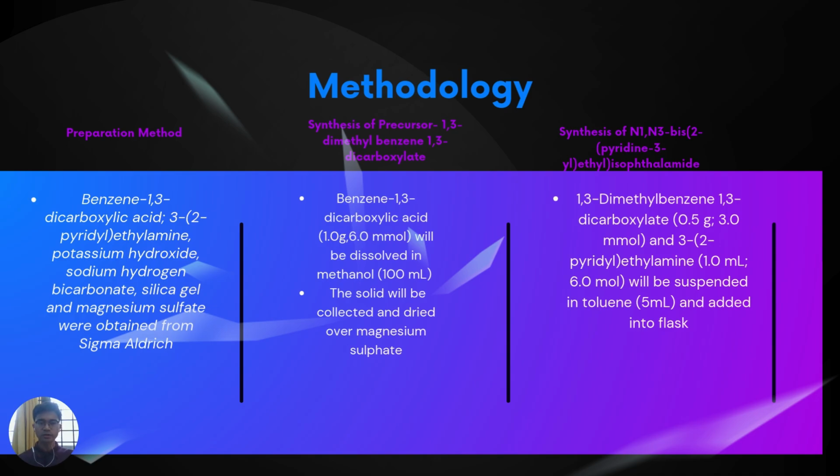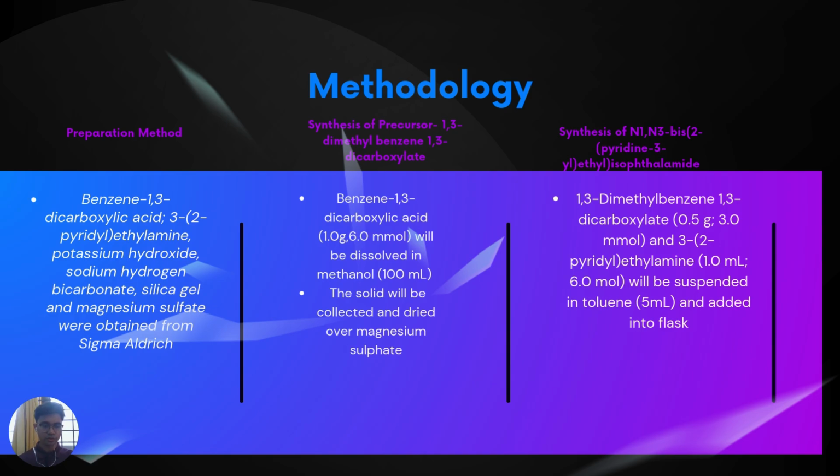So the third part is methodology. The first one, we need to dive into more detail about the preparation method. Basically, the amide is made from benzene-1,3-dicarboxylic acid, 3-(2-aminoethyl)pyridine, potassium hydroxide, sodium bicarbonate, silica gel, and magnesium sulfate, which were obtained from Sigma-Aldrich.